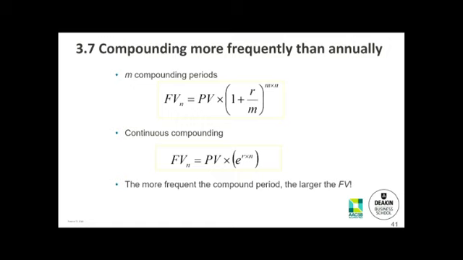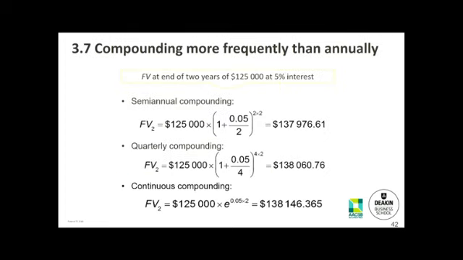Okay? So that's continuous compounding. Don't worry too much about the calculation part. I won't give you any calculation required for continuous compounding. I just want to show you how it looks, and I'll give you a classical example.